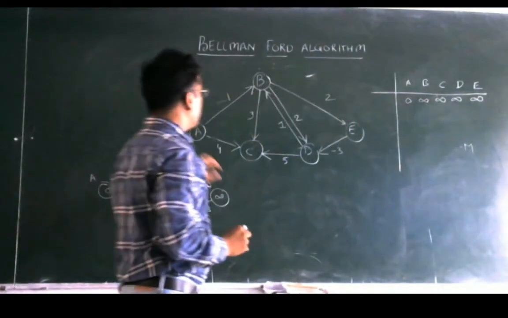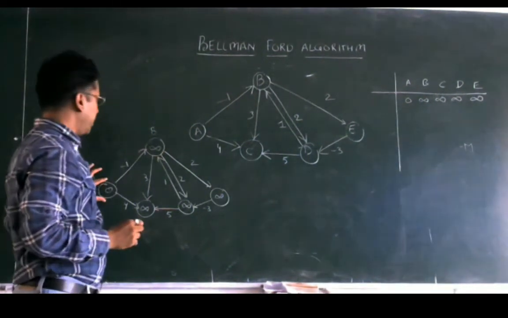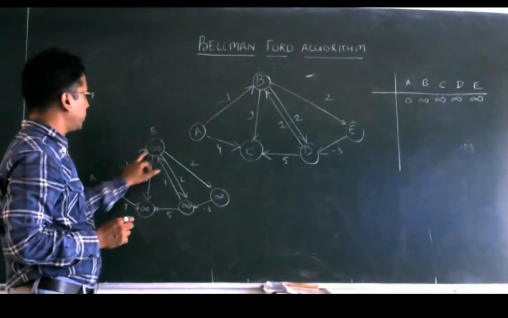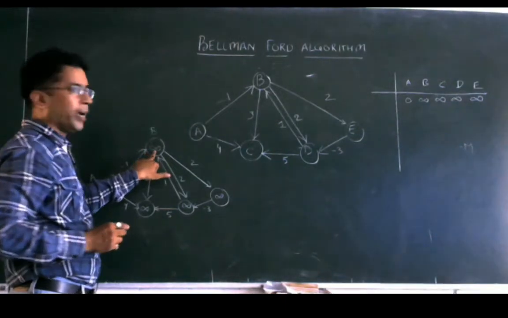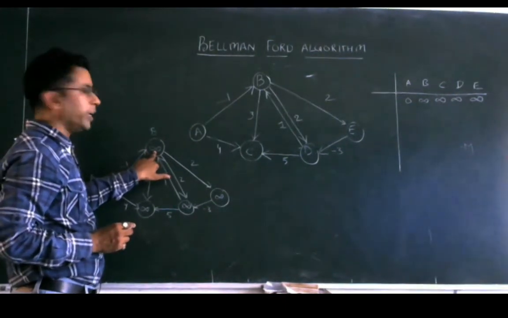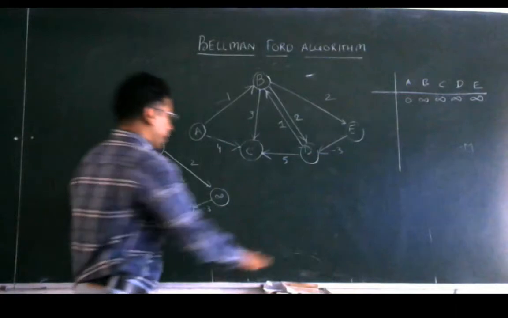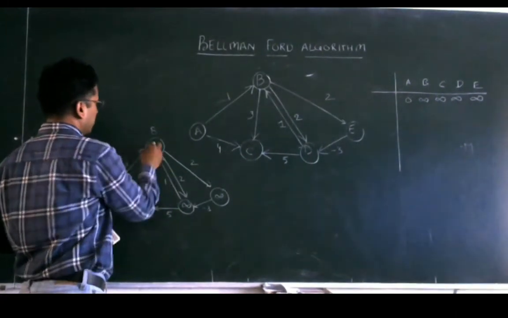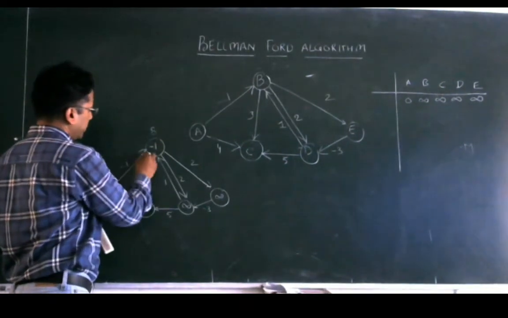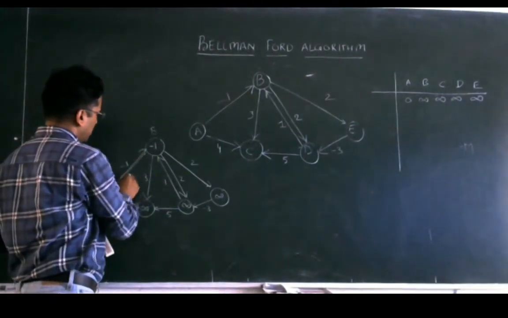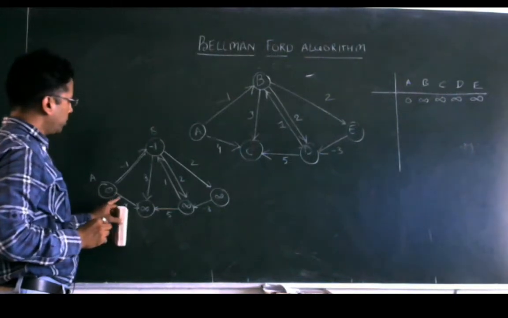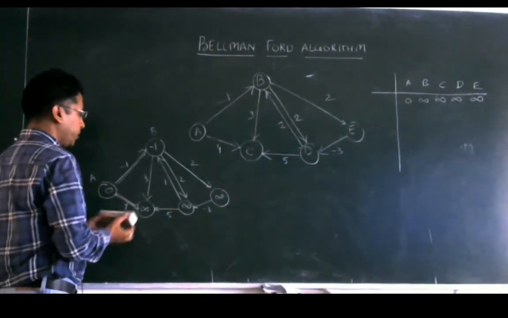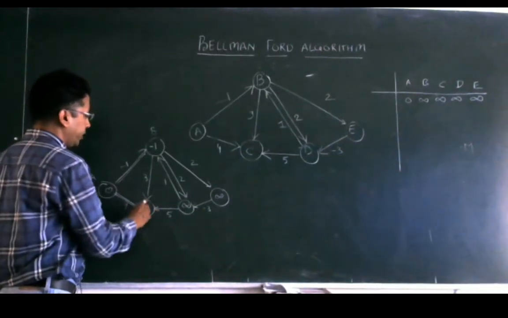Now from the node A, I can relax this node because 0 plus -1 is equal to -1, and this is definitely less than infinity. So this node can be relaxed to a value of -1. Right. This edge, and now 0 plus 4, 4. So this can also be relaxed because 4 is less than infinity.